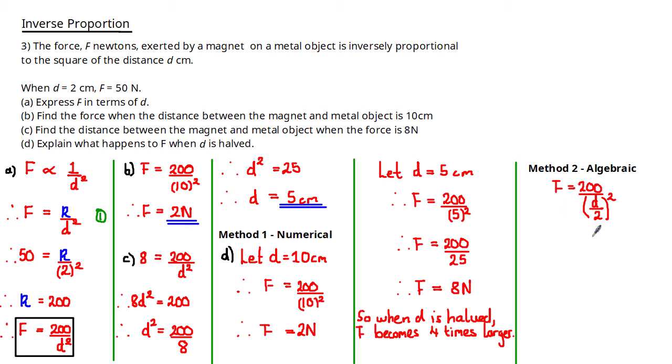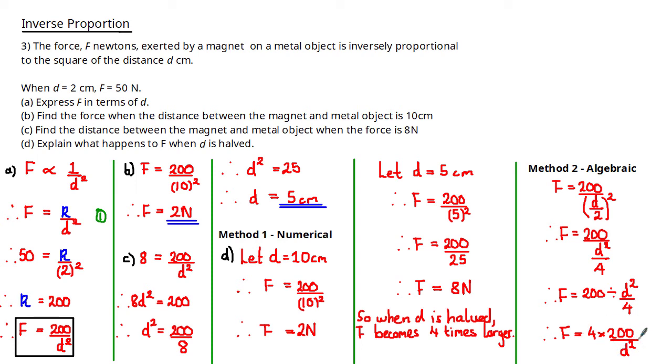So squaring the denominator, we get that F is equal to 200 divided by D squared over 4. By flipping this fraction and multiplying by 200, we get that F is equal to 4 times 200 over D squared.